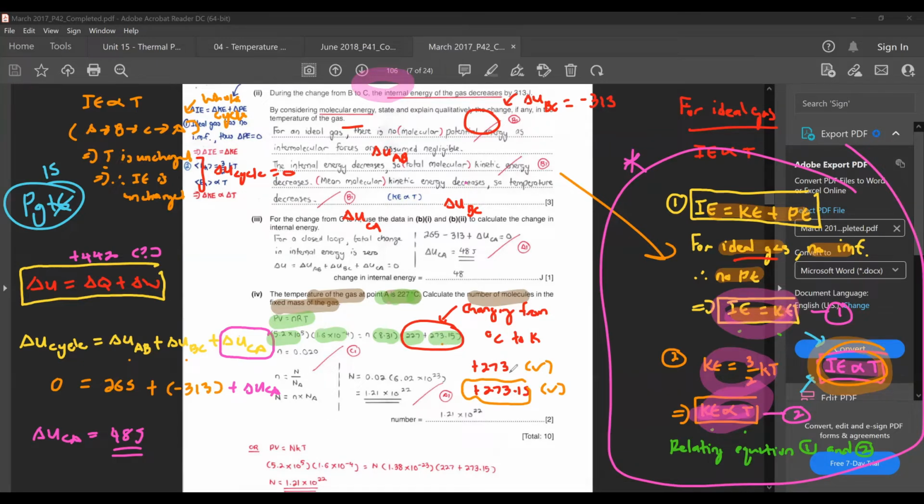Okay, but in the marking scheme, actually they don't use this. In the marking scheme, they actually use plus 273. So it's a bit odd. The syllabus booklet says that when you want to change from degree centigrade to Kelvin, you plus 273.15. But in the marking scheme itself, if you look at how they change the temperature, they just use plus 273.